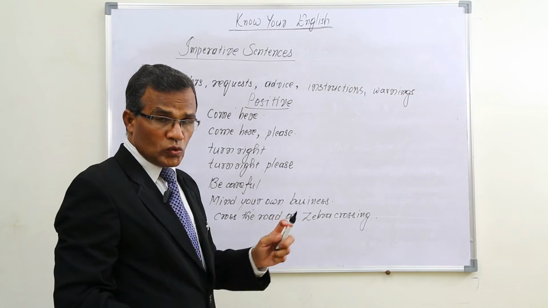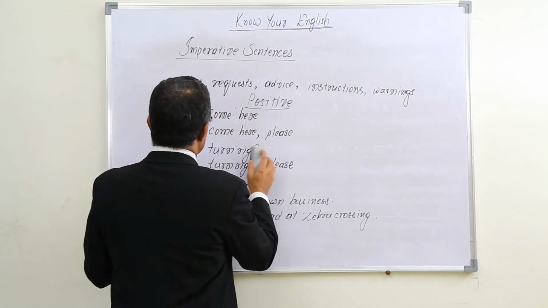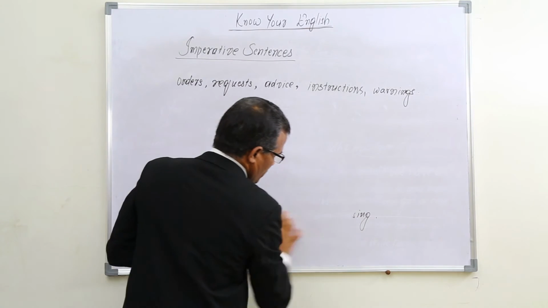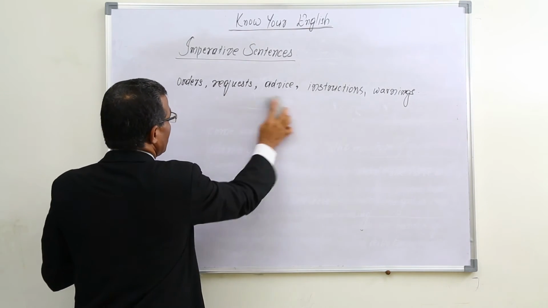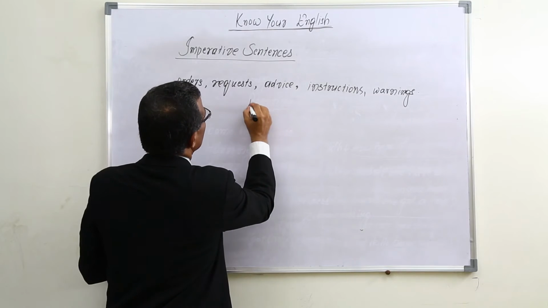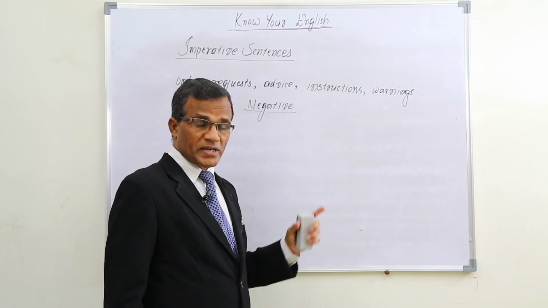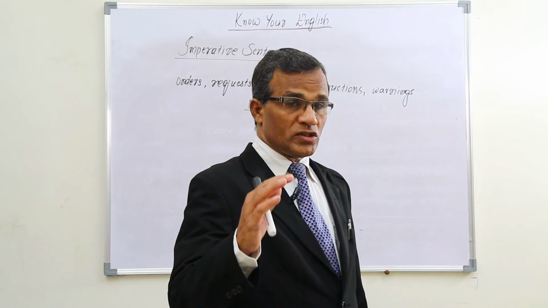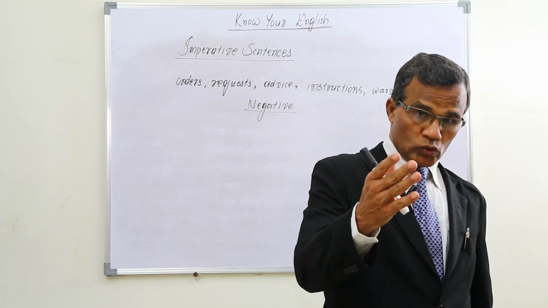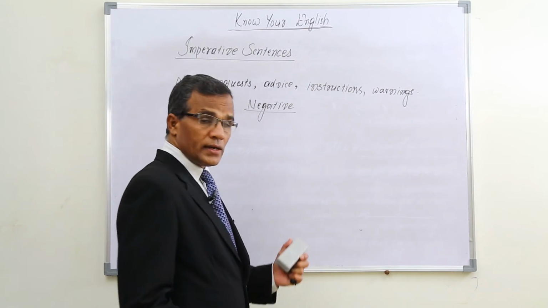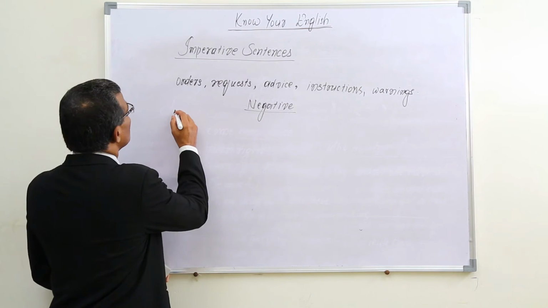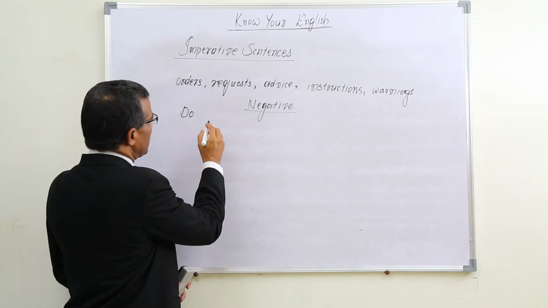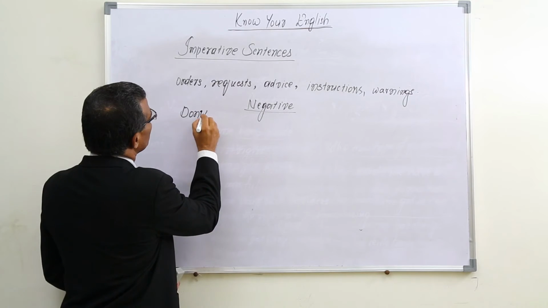Now let's go to negative sentences. I'll give some more examples. Learn some negative imperative sentences. As we are talking to the person in front of us, that means you, we have to take the helping verb do with not, don't.